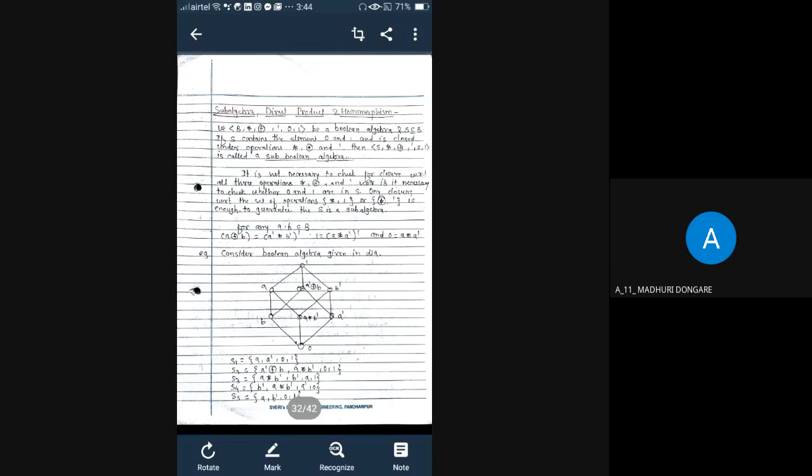This is the second necessary condition. And third one, it should include elements like 0, 1. Then only we can say that S, star, XOR, 0, 1 is a sub-Boolean algebra of the given algebra B.